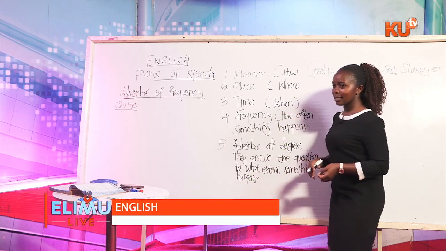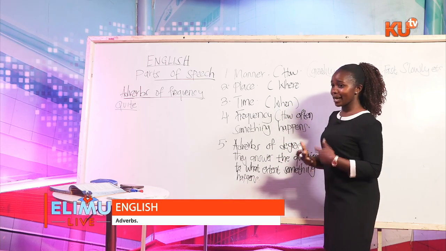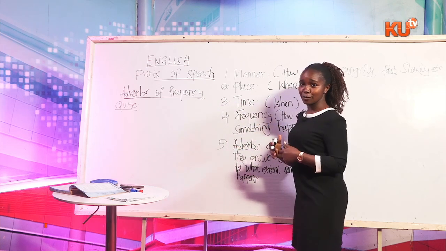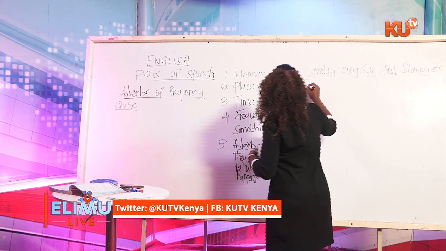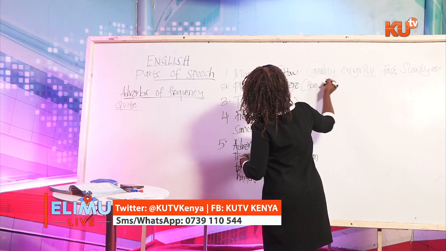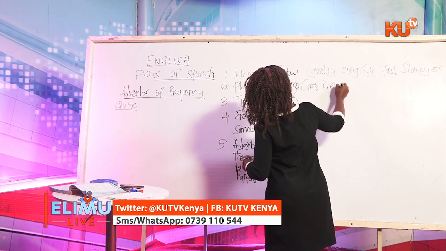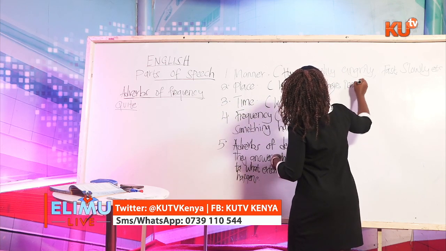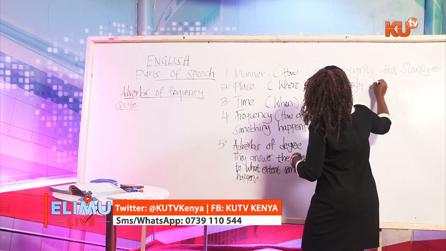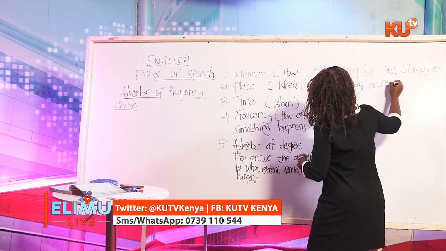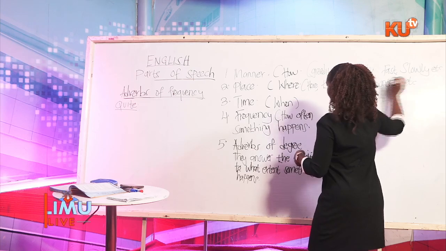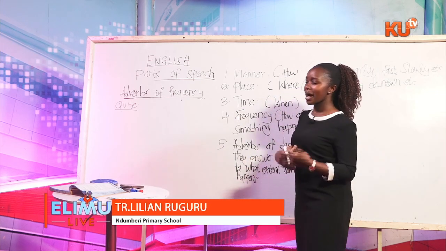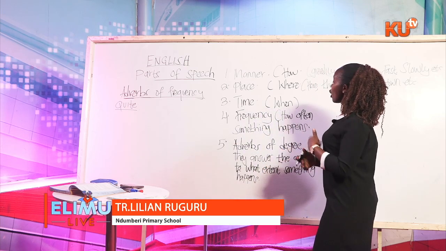Adverbs of place explain where something happens, and examples of adverbs of place include here, there, nearby, downtown, etc. Adverbs of time explain when something happens or when it happened.